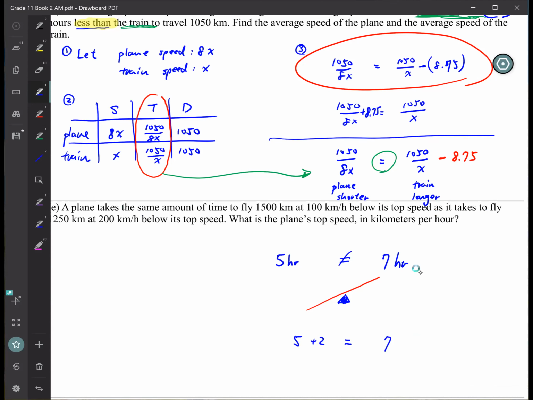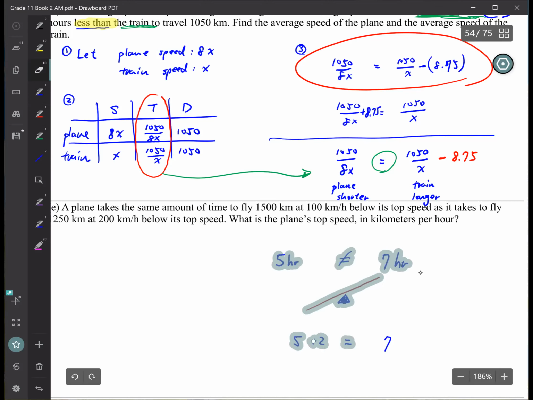We're just using variables here instead of just numbers. First you need to make sure you know which one is the longer time, which one is the shorter time, which one is higher, which one is lower. Then you will know what to do. You cannot memorize this. You have to understand why we add, why we subtract. Then you can adapt to any question that's presented to you.